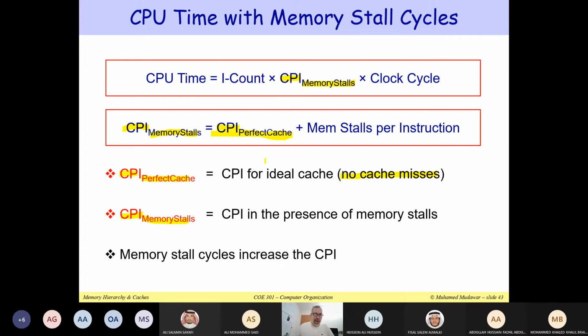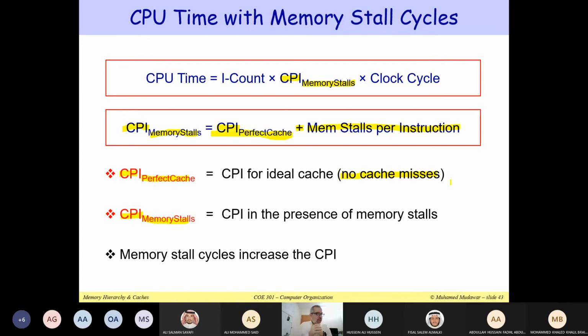What we have to do is take the CPI assuming that the cache is perfect, and then add, and this plus is very important, the memory stall cycles per instruction, as we calculated them in the previous example. That will give me the real CPI in the presence of cache misses and memory stall cycles.